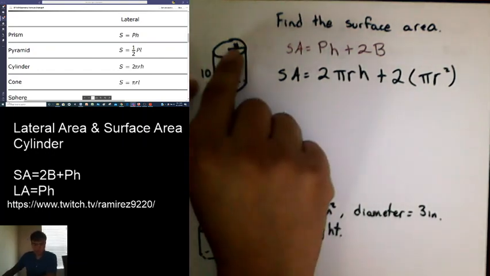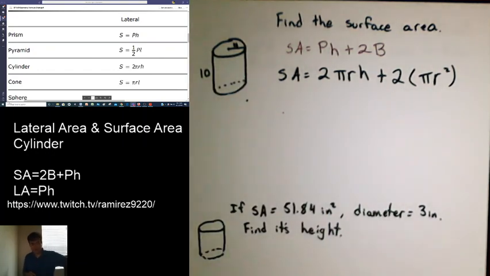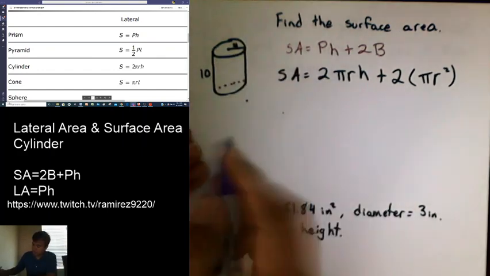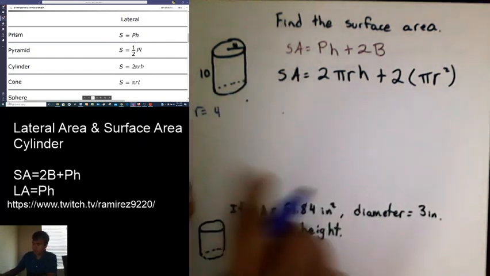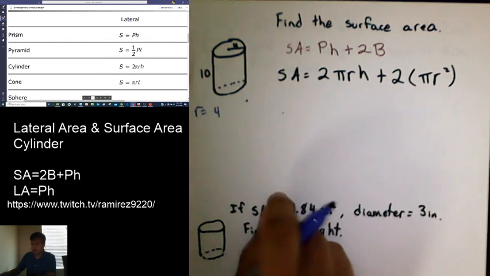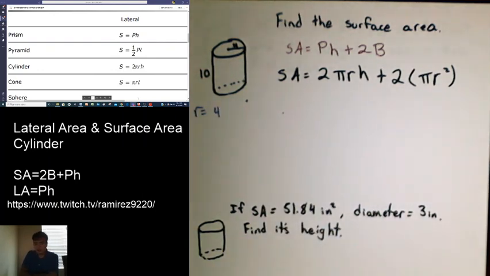we're just going to look at what's given and just work from there. So we're being told that my radius is 4, and we're also being told that the height of the cylinder is 10. Let me make sure you could see that.